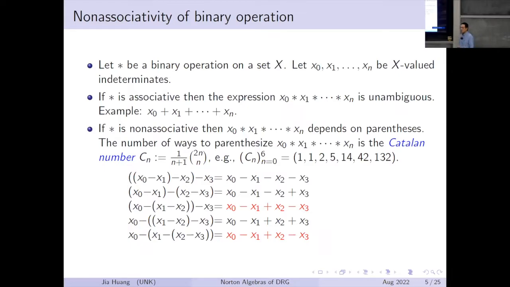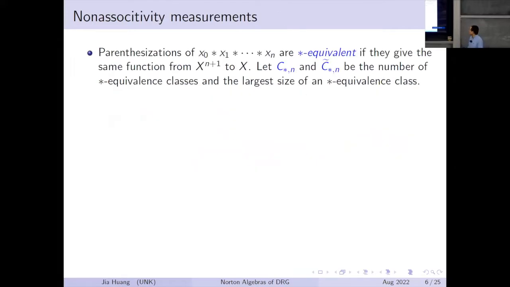What does this mean? Well, that means you can get an equivalence relation when you parenthesize the expressions x0 star x1 star dot dot dot star xn. There are Cn different ways to do that, but some of them may be equivalent, in the sense that they give you exactly the same function from X to the n plus 1 to X. Let C star n denote the number of equivalence classes for these parenthesizations, and C tilde star n the size of the largest one.